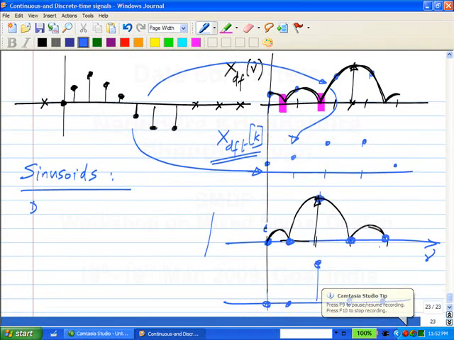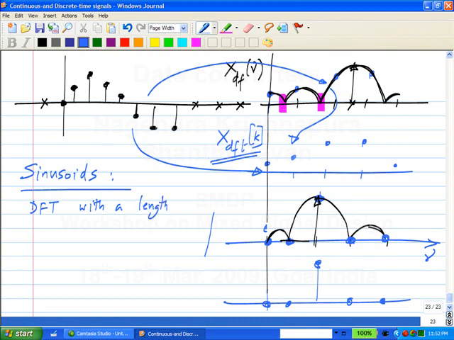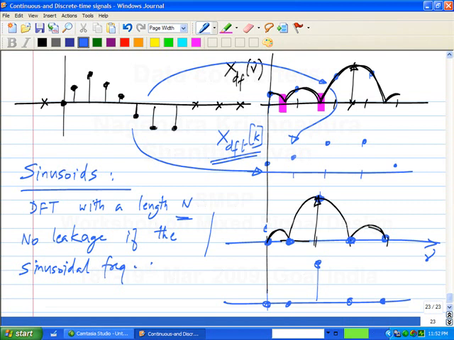So if I am analyzing sinusoids and I am taking DFT with a length n, that is I am taking n samples, then I will get good answers, I will get no leakage, if the sinusoidal frequency is k by n, where k is an integer, and k will be something less than or equal to n by 2 and more than 0.